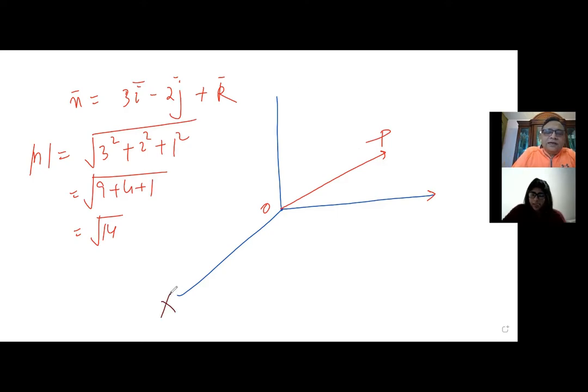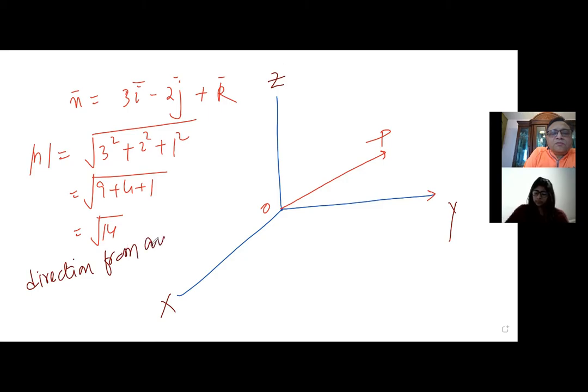X, Y, and Z. So we could define it with respect to any axis. We could define the direction from x-axis, from y-axis, or from z-axis. We call them, I'll give the name later. Normally we say direction from any axis.